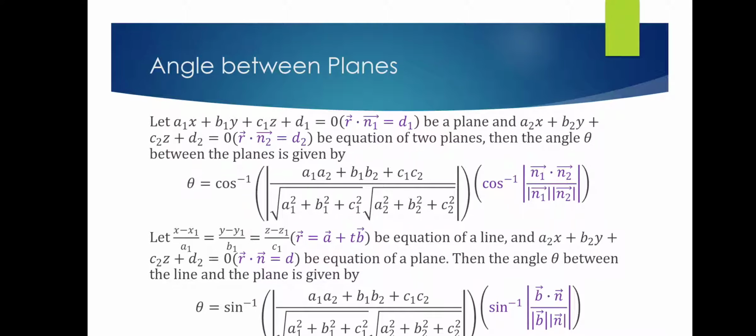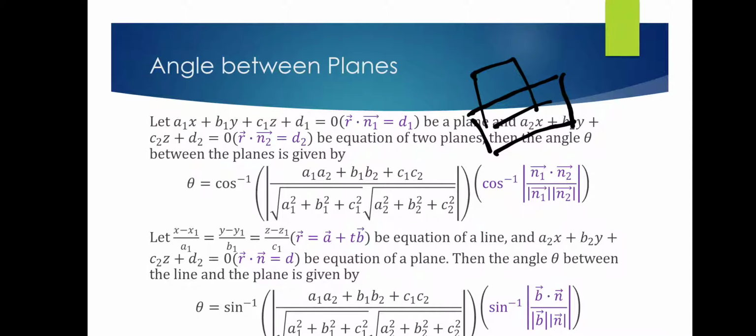Let me just give you the picture here. If there are two planes, say these are the two planes, just consider it like you have taken a book and opened it and tilted it in such a way that the two pages are making some angle to each other.